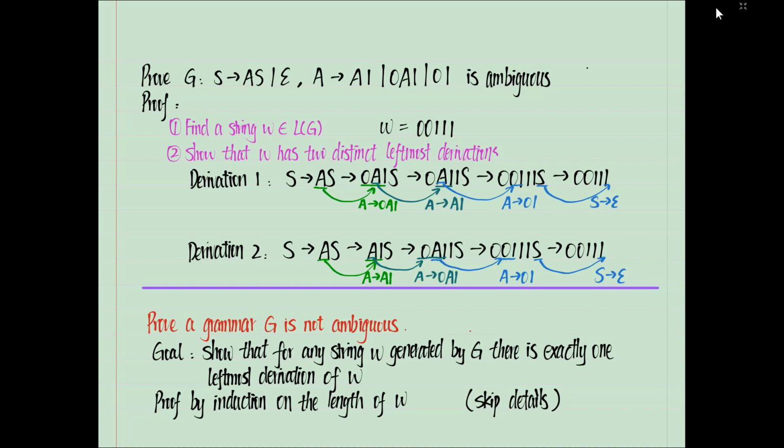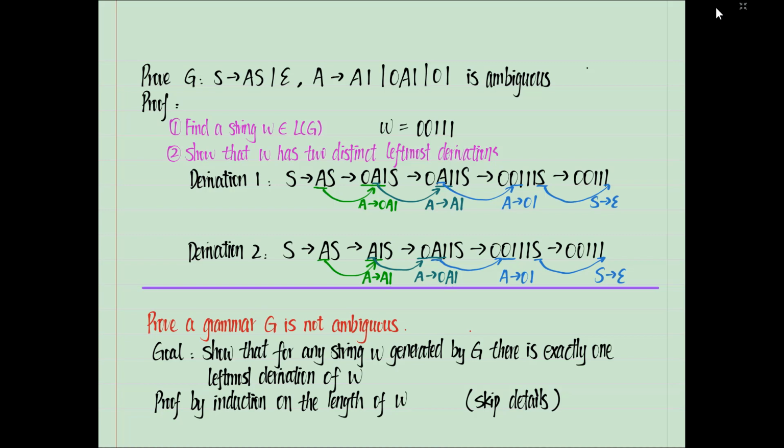The second derivation is similar. First, we apply S to AS. Then we expand the first variable, A. Now we use a different rule. We replace this A with A1. So the resulting string is A1S. After that, we expand A again because it's the leftmost variable.